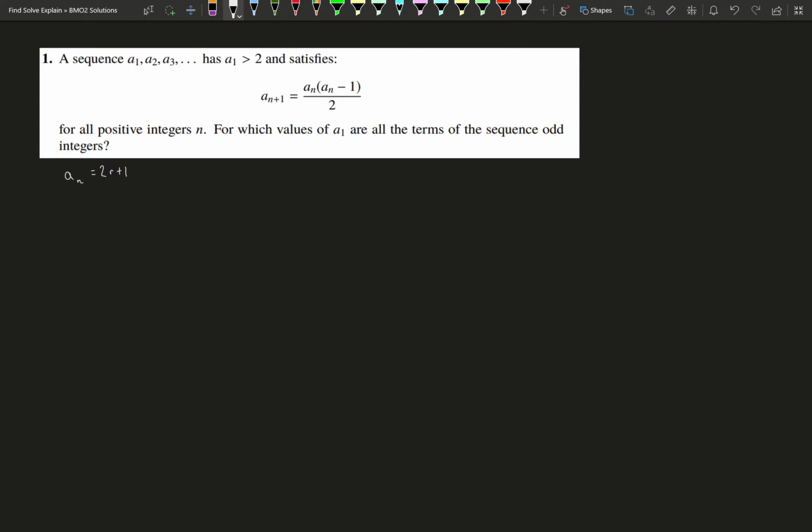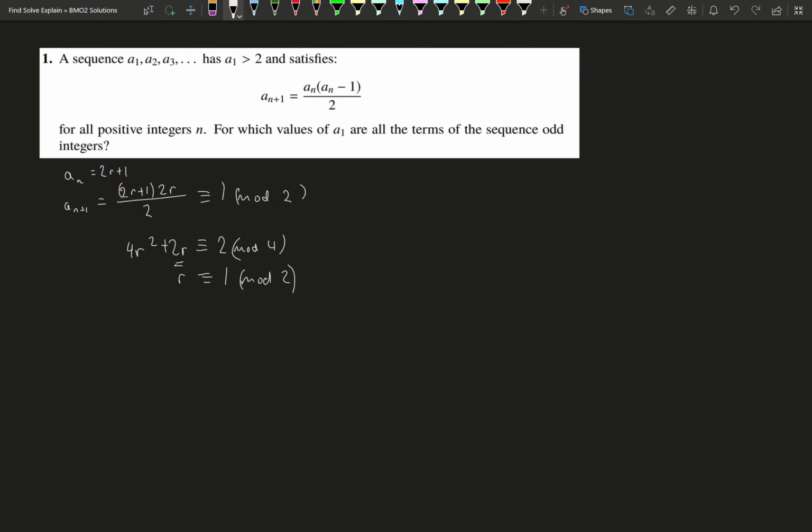Then we know that A(n+1) equals (2r plus 1) times 2r all over 2, and that's congruent to 1 mod 2 because it's odd. So if we times everything by 2, we get that 4r squared plus 2r is congruent to 2 mod 4. And this gives us that r must be 1 mod 2, or odd.